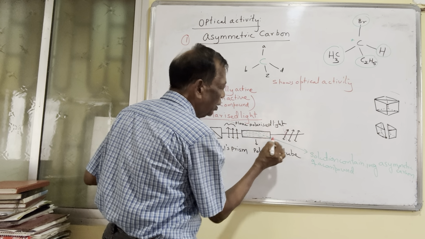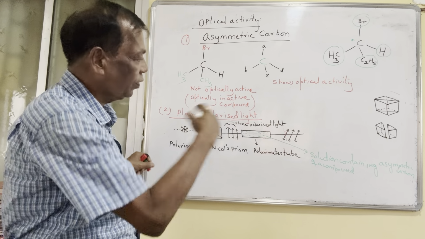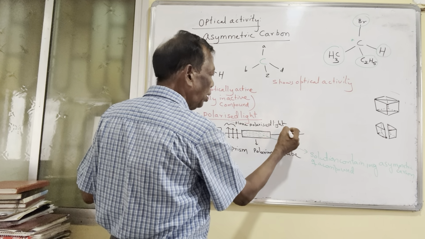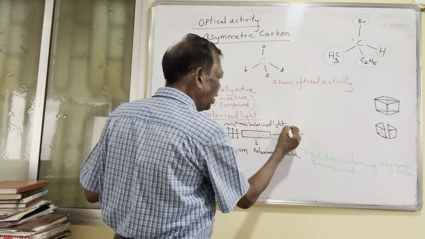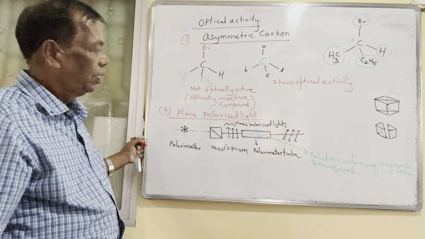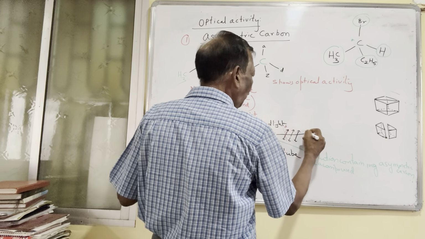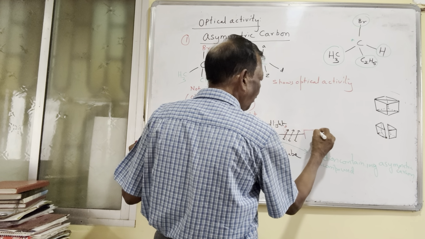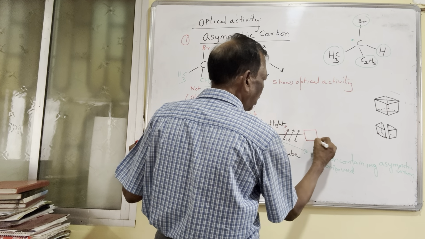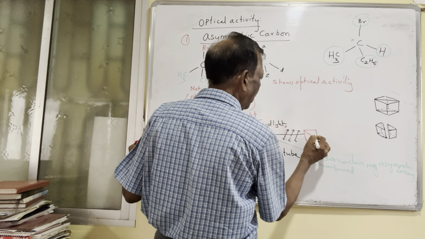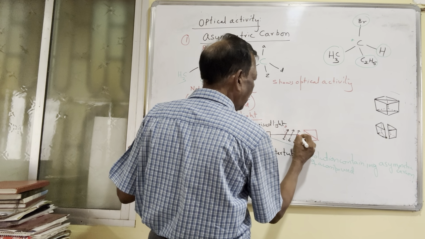Now here this has shifted or turned. This turning is by a certain angle, say I will call it theta. It has moved through a certain angle from this. Now here if you put another Nichols prism over here, same way you put another prism, and then this light is now made to pass through that Nichols prism.